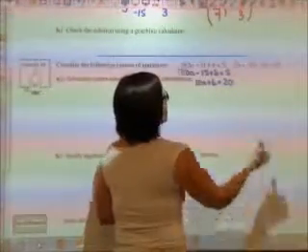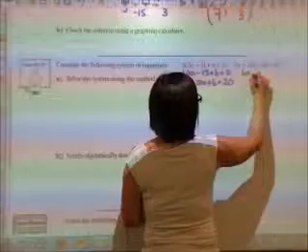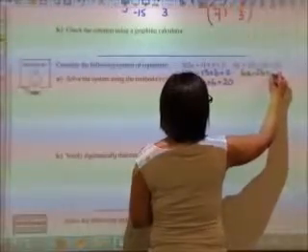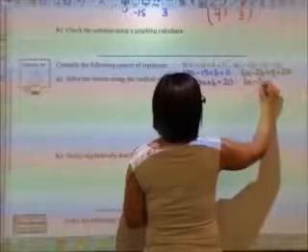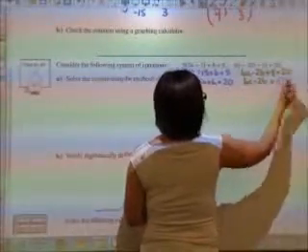So take a couple of moments, pause, and do the second equation. With the second equation, 6a minus 2b plus 8 equals 20. So 6a minus 2b would equal 12, because I would have to move that 8 over.